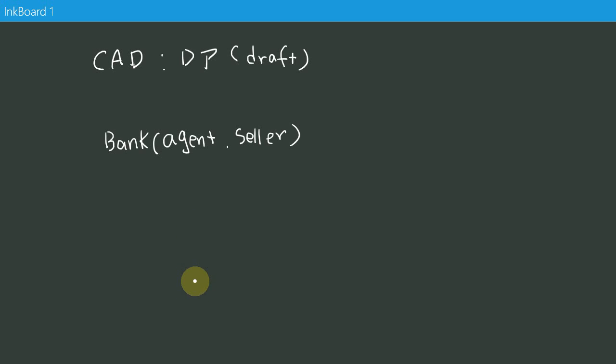I'll show you the diagram. We have a seller here and a buyer here. They have a contract between the two, and according to the contract, the seller ships.